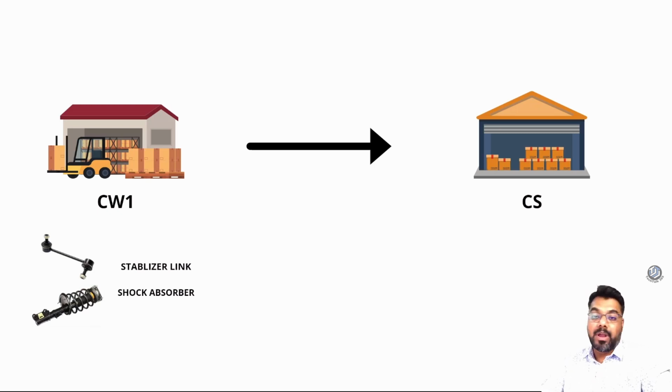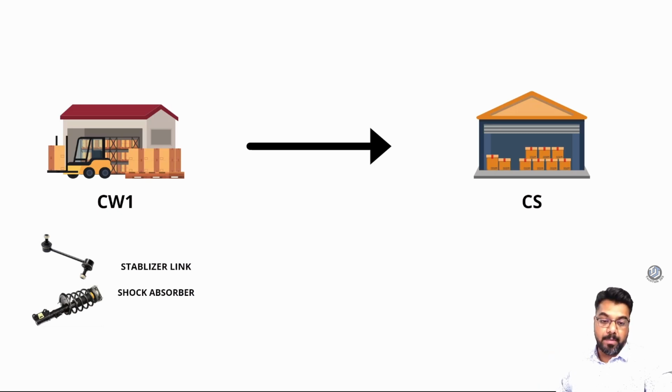So the CS warehouse decided to transfer the stock from its nearby warehouse, CW1, to the CS warehouse using a transfer order. This is the end-to-end scenario we are going to review today, along with all the steps needed during the journey between CW1 and CS.